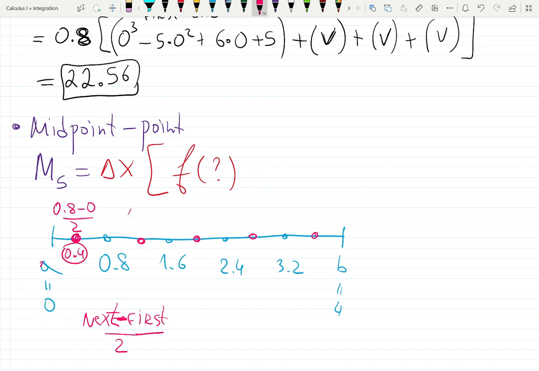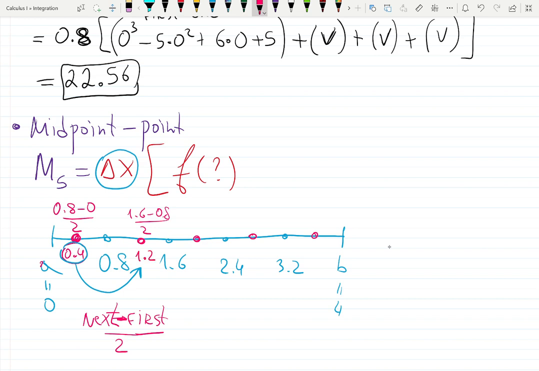Now 1.6 minus 0.8 over 2. You can keep calculating that, or you can be smart and just remember the step size is still the same. Delta x is still 0.8. So you can just add 0.8 to 0.4, and then you will get the same answer, which is 1.2.